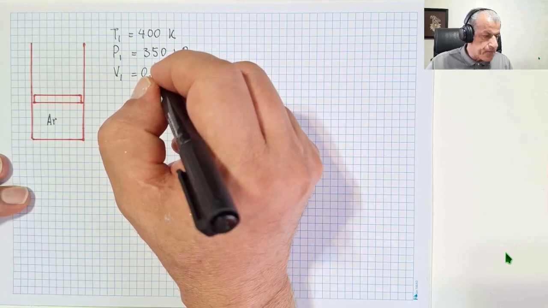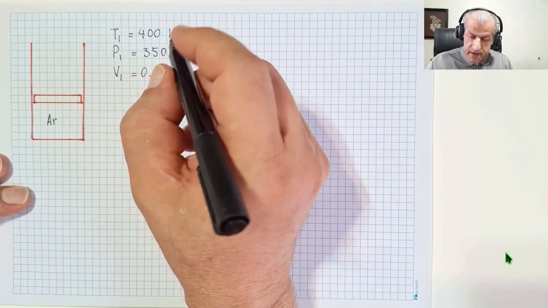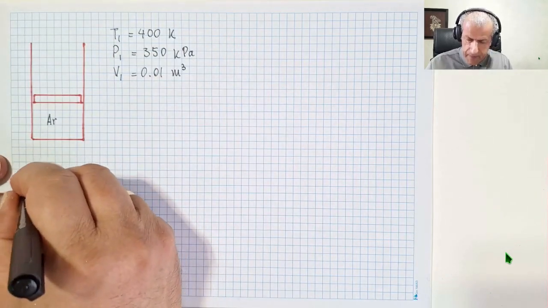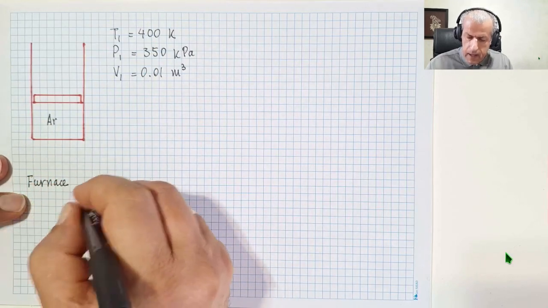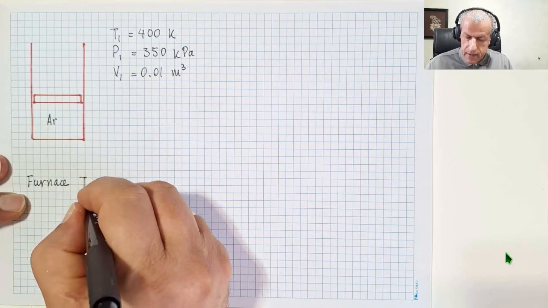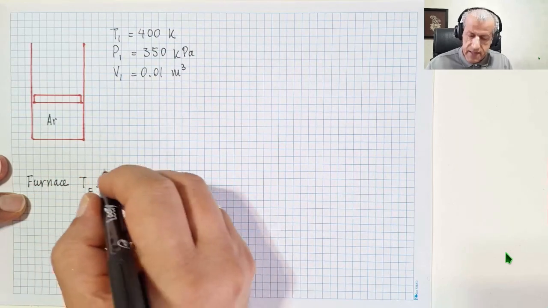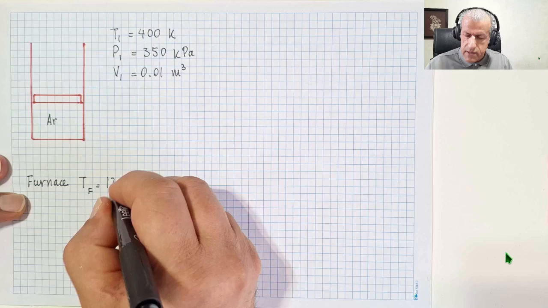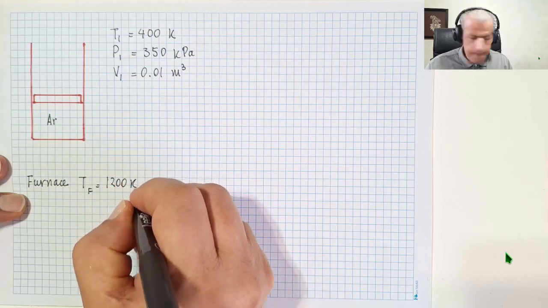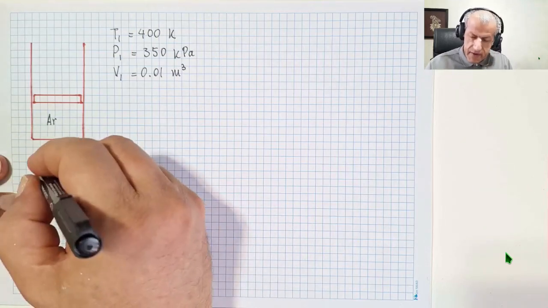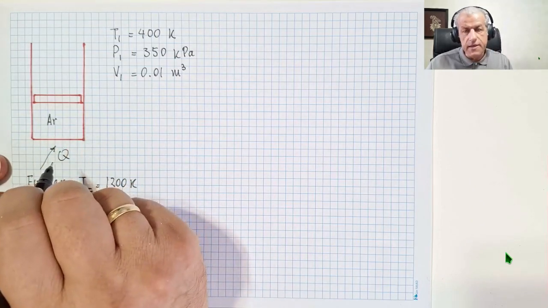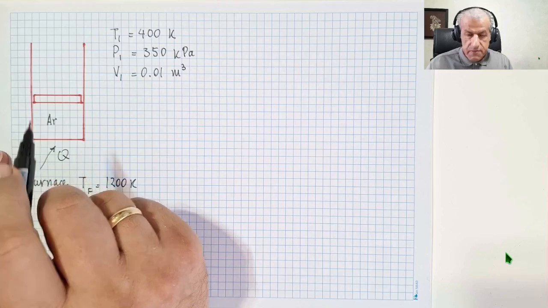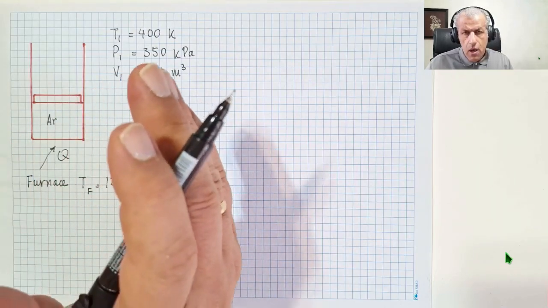Now, there is a furnace, where T of furnace, the furnace temperature, is 1200 Kelvin. And this furnace transfers heat to this cylinder piston device. Basically, it transfers heat to argon.